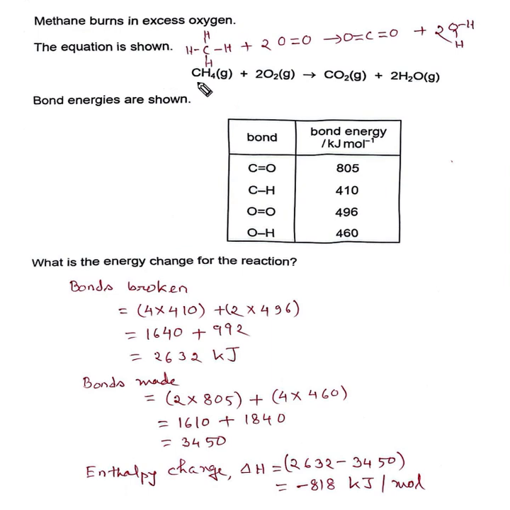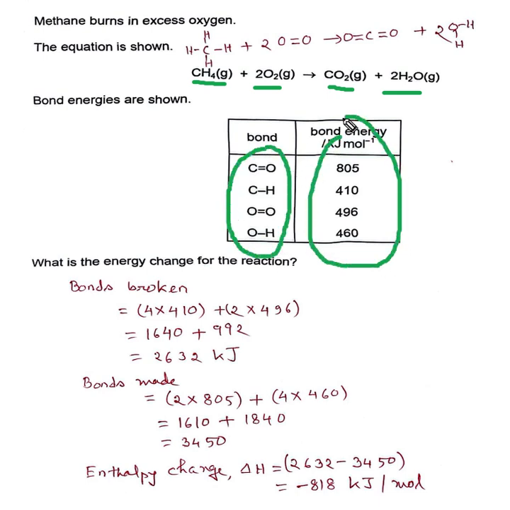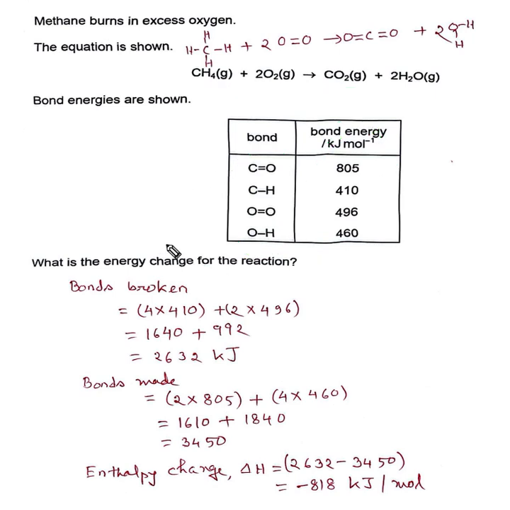So methane burned with oxygen to produce carbon dioxide and water. The bonds and their bond energy values are given. At first you will add all the reactants, meaning all the bond broken energy.